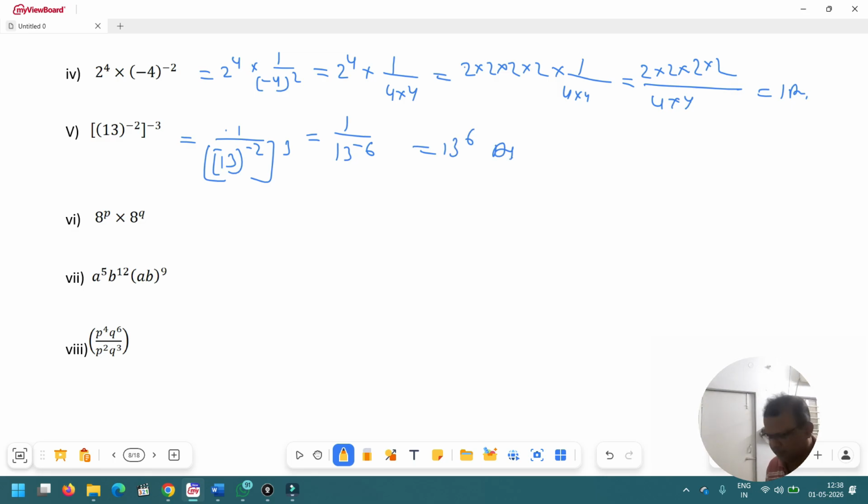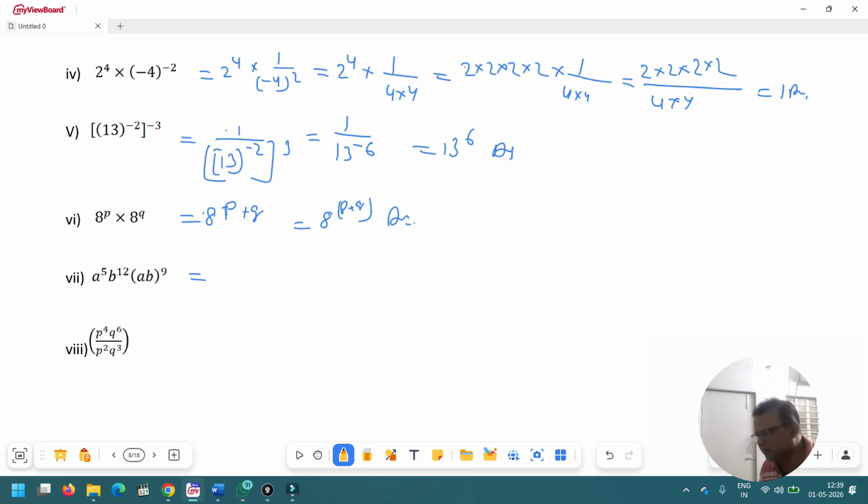That is the answer. Is equal to 8 to the power p plus q. That is the answer.